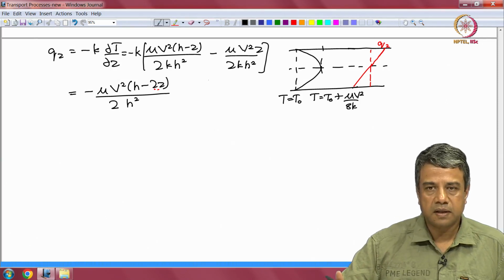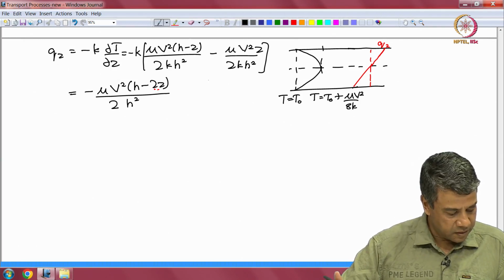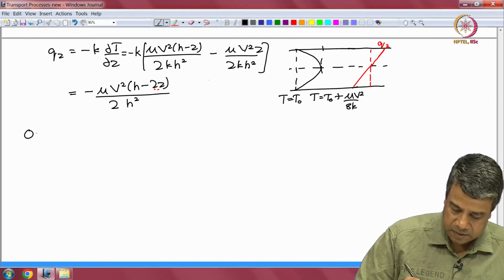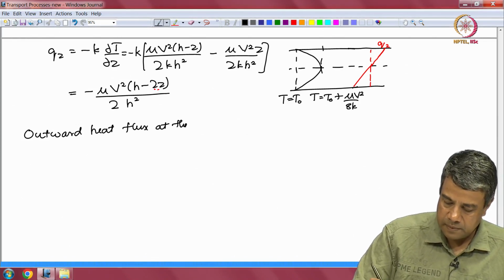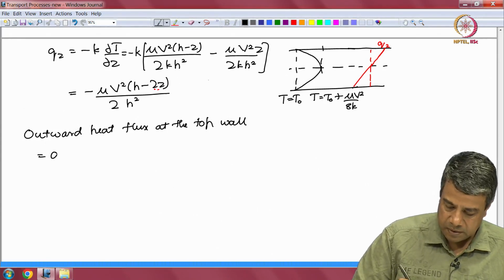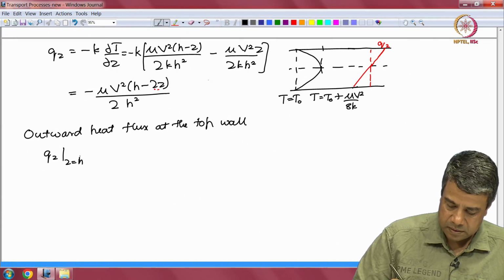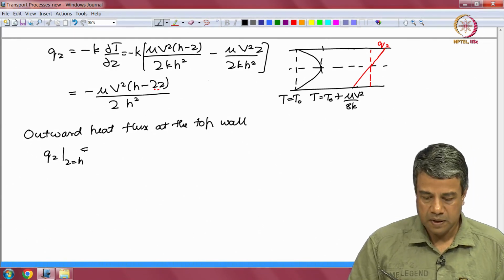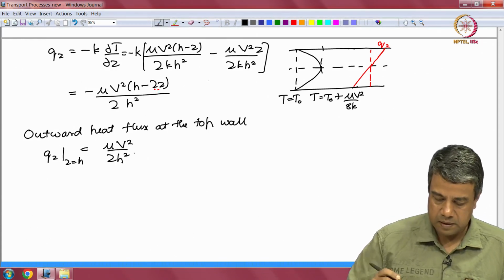What is the total heat transfer rate out of the walls? The outward heat flux at the top wall is going to be equal to q z at z equals h, which is equal to mu v square by 2 h square.